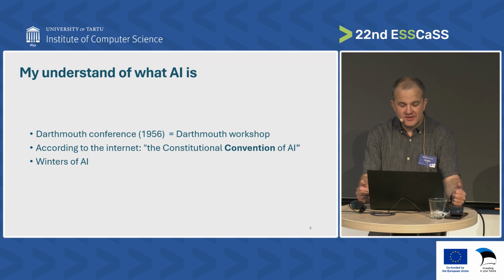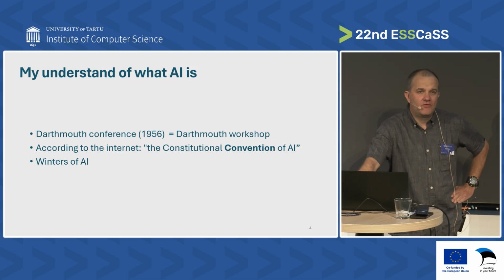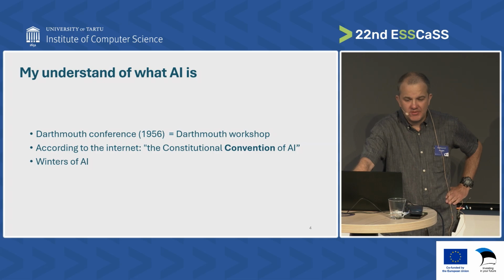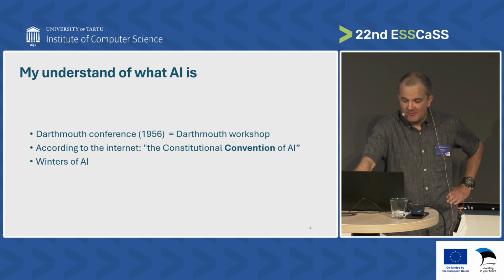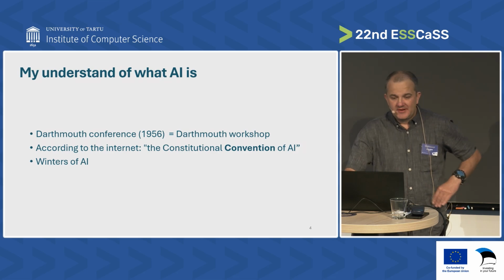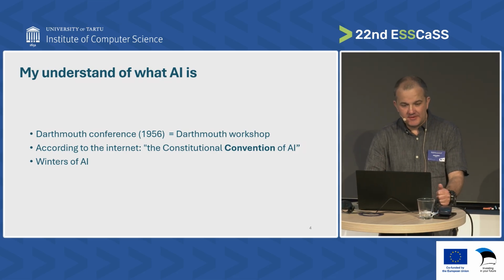But governments were always aware of this, and maybe it was not on the front pages, but investments were made. How many of these winters of artificial intelligence took place, we can leave outside the framework of my presentation. Some suggest one, some suggest three, but this has happened.